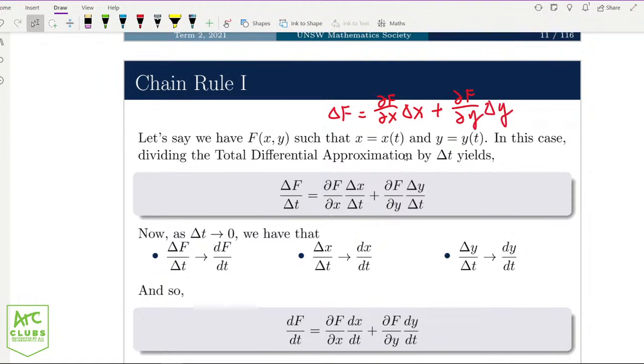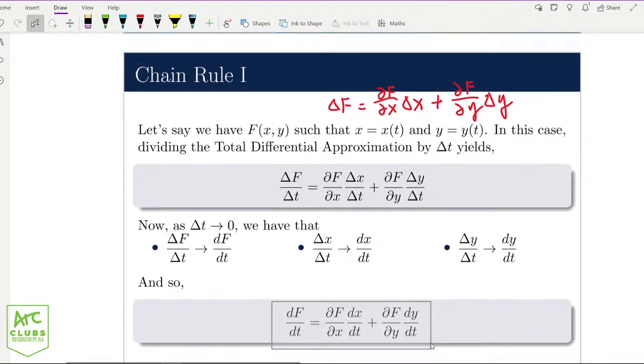Essentially what we did to this initial equation that we started off with is to divide both sides by delta t. And then using the definition of derivatives, as our delta t over here approaches 0, then our delta f over delta t becomes df dt. So we can rewrite it in terms of differentiation.